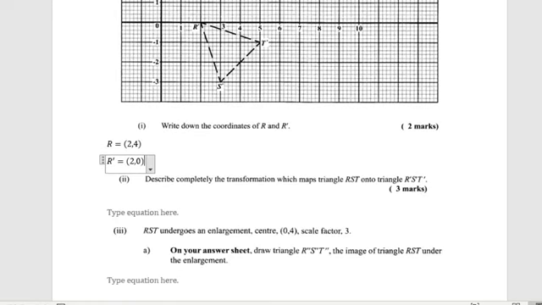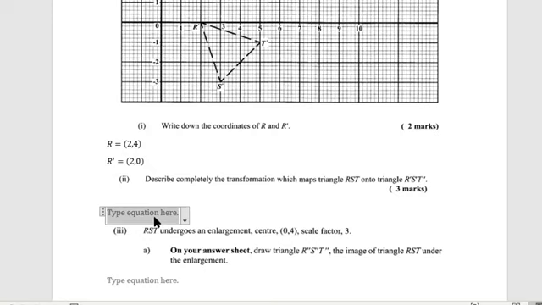So part 2 says describe completely the transformation which maps RST onto triangle R prime, S prime, T prime, and we had discussed some of that up top just by observing the graph.